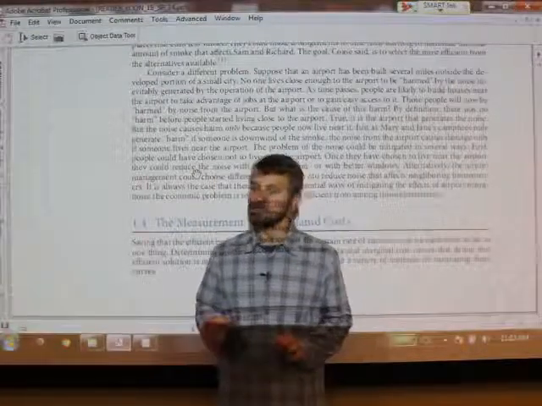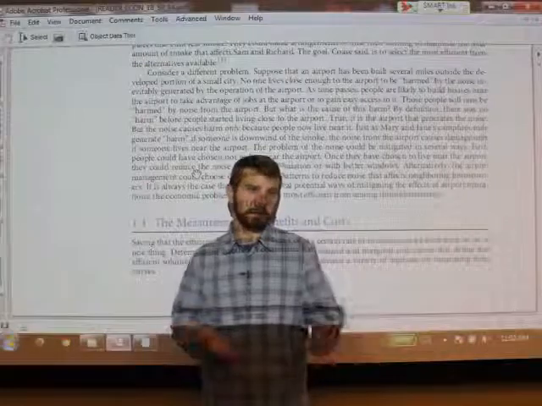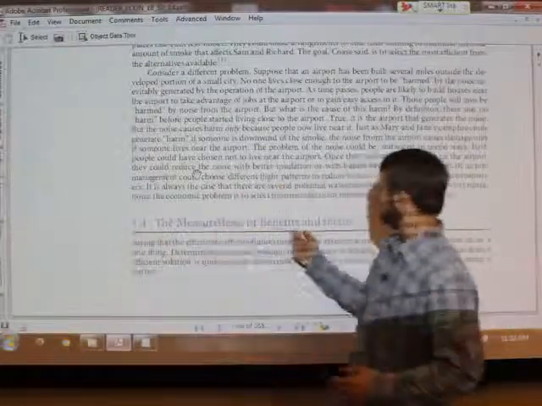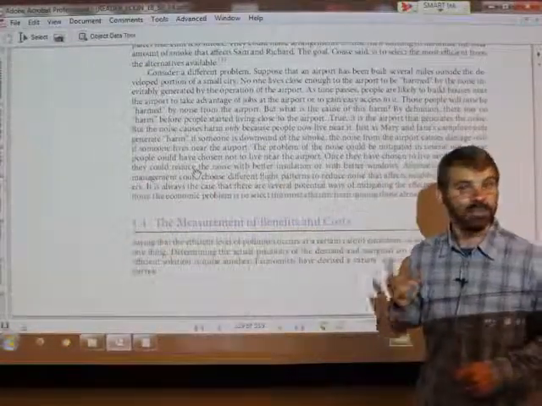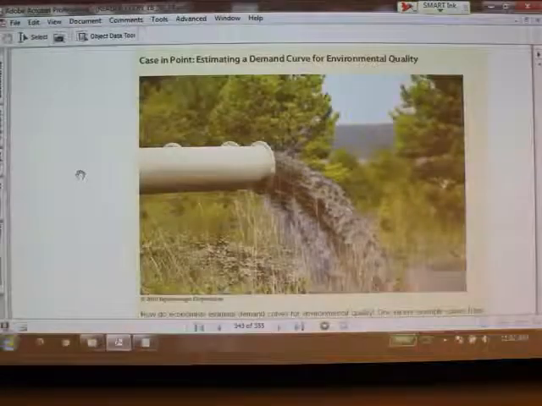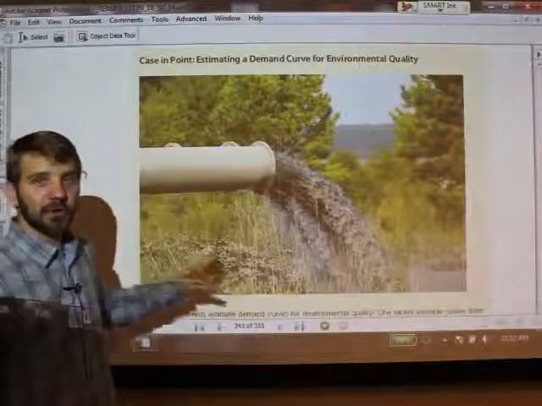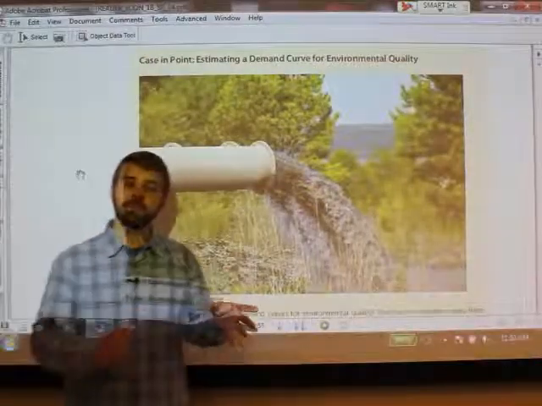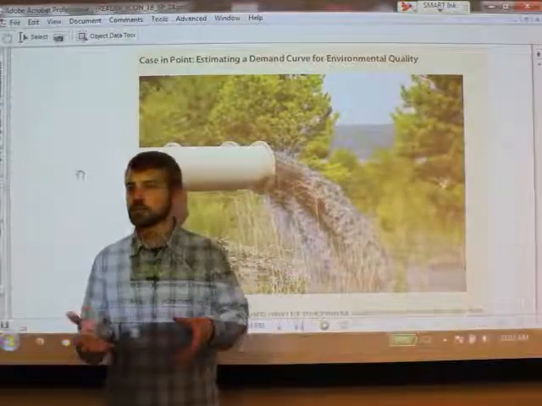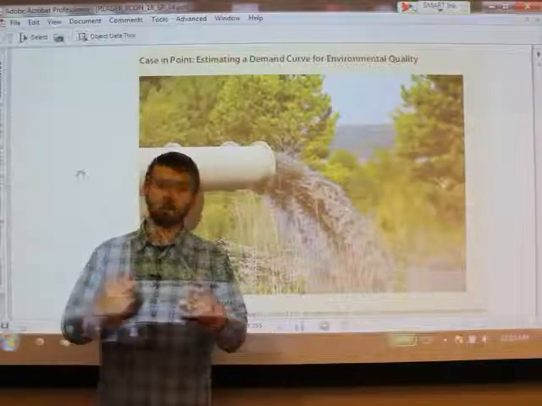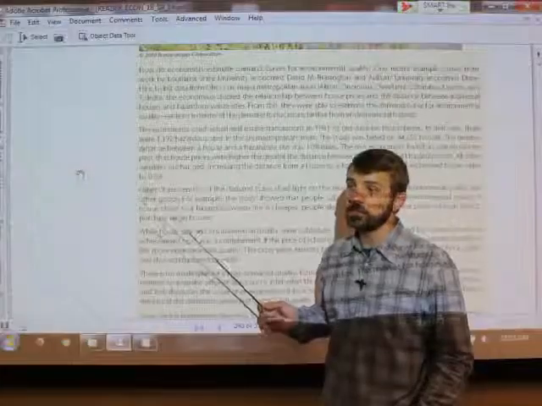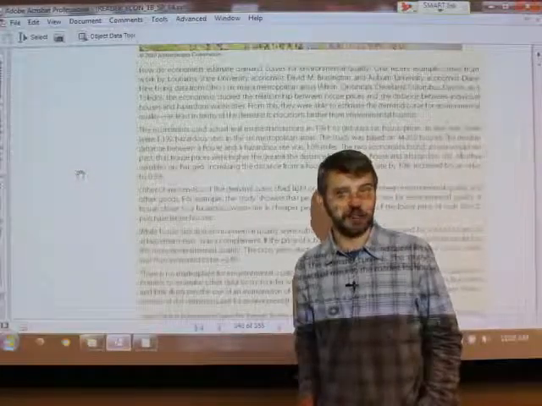But this is one easy-to-understand way that we could measure the benefits of clean air, or the cost of pollution, however you want to look at it. This Case in Point article describes a study that takes a totally different approach to measuring the costs of pollution. They use housing price data.